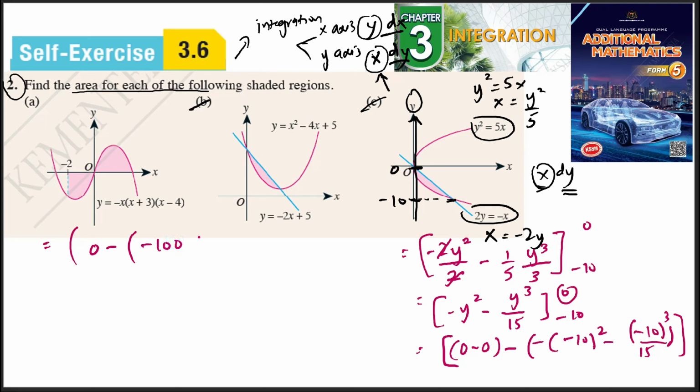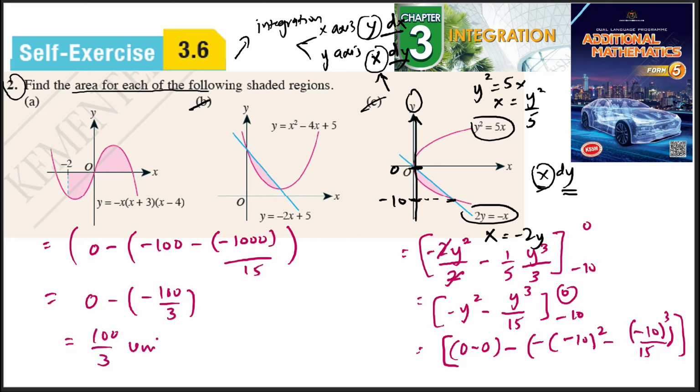Then negative 10 cube over 15, you get negative over 15. So you will get 0 minus negative 100 over 3. So you will get 100 over 3 unit square, right?